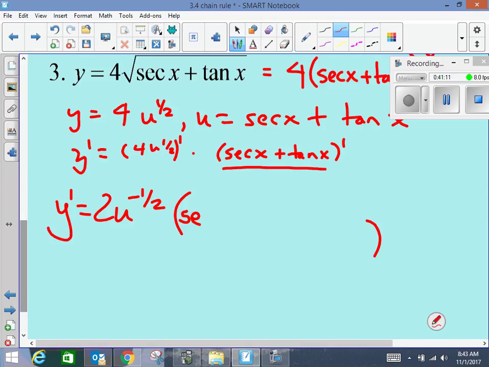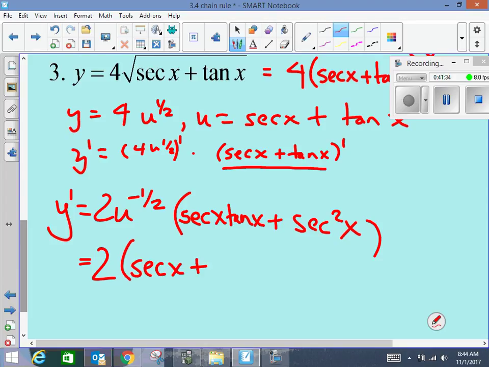Derivative of secant, which is? Plus derivative of tangent. Nice. Okay. Secant squared of x. I know you said secant x squared, but I knew what you meant. Okay. And then the u gets replaced. You can leave it, usually.